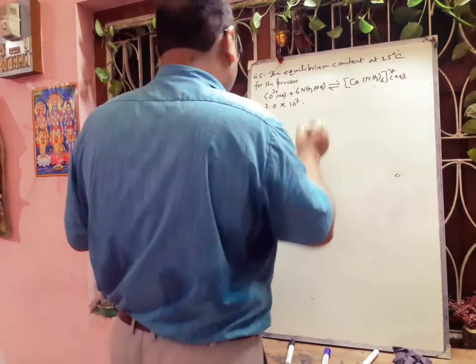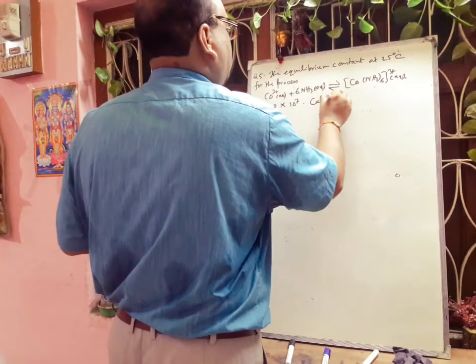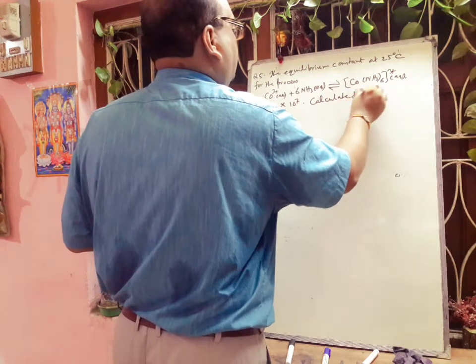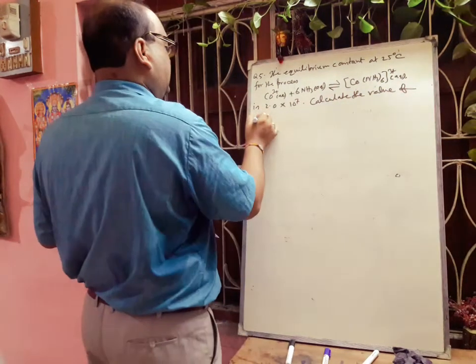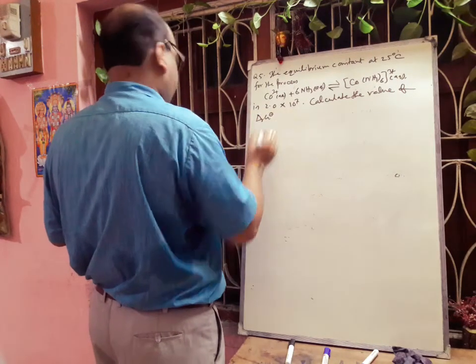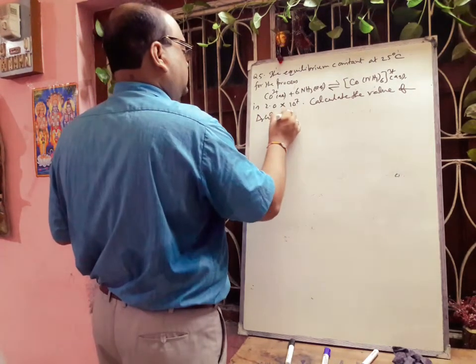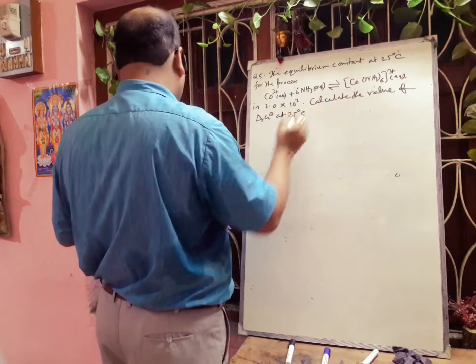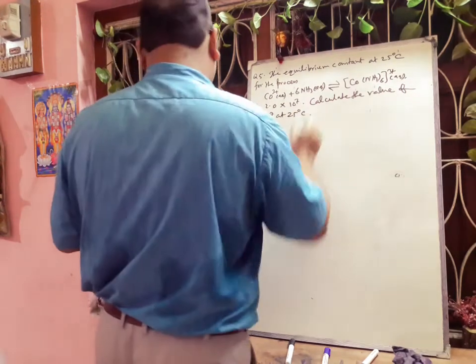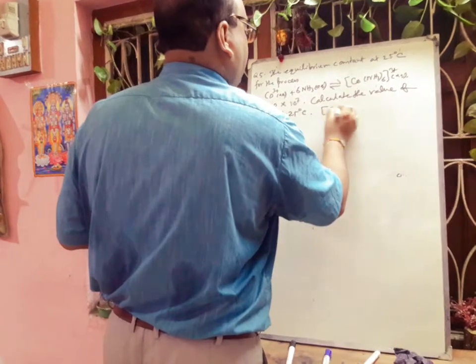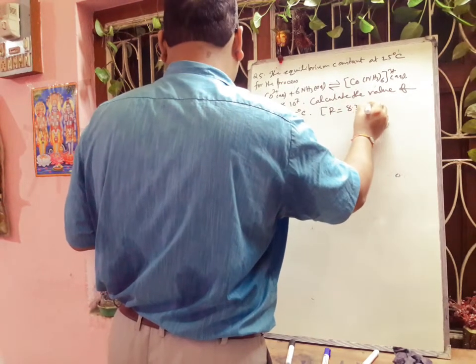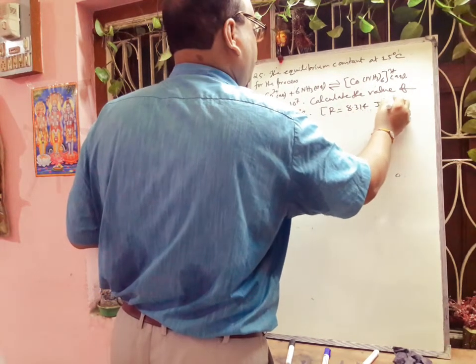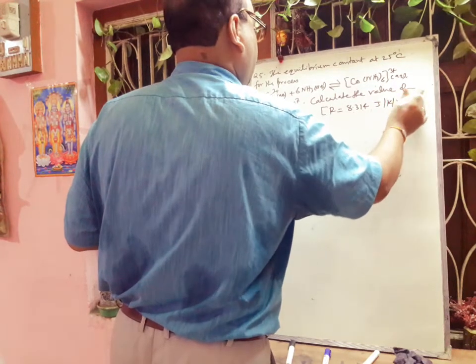Next question is given: calculate the value of delta rG theta at 25 degree centigrade. Here the R value is also supplied, that is 8.314 joule per Kelvin per mole.